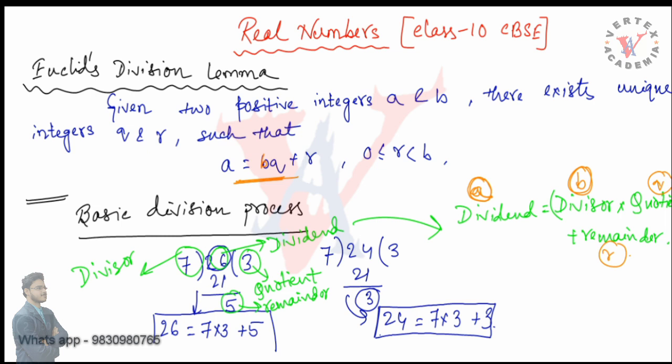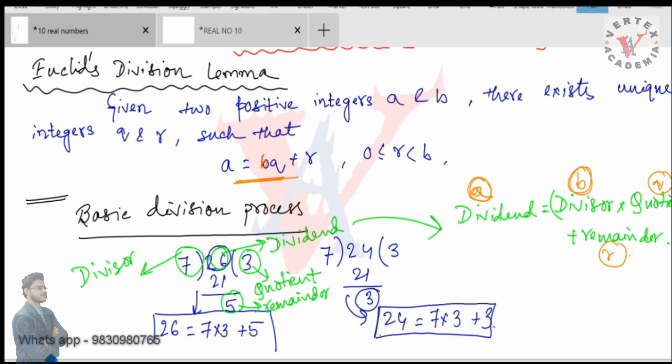So basically Euclid's division lemma tells us nothing except the normal division procedure. The statement is a bit difficult to understand, but it basically tells us how the dividend, divisor, quotient and remainder are related.